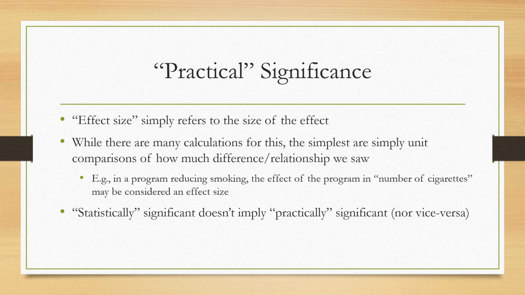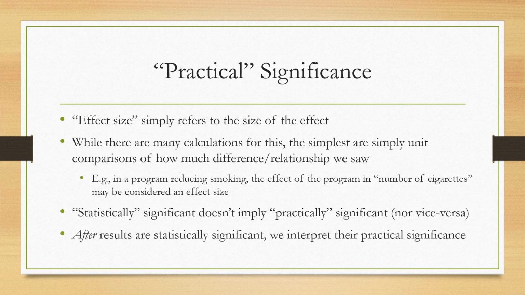Now, typically the workflow is that after we have statistically significant results, we then look at their practical significance, and done in that order. These are typically presented hand in hand. Again, it's become a big push in the statistical community that these be presented hand in hand because of that third bullet point there, that they don't imply one another.